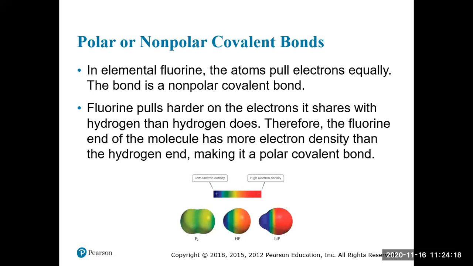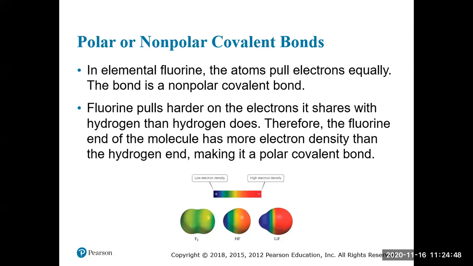So here's an example of some fluorine compounds. For F2, elemental fluorine, we see down at the bottom there are some color-coded diagrams. The blue color means low electron density, the red color means high electron density. We see on F2 that it's kind of in the middle, that greenish yellow.